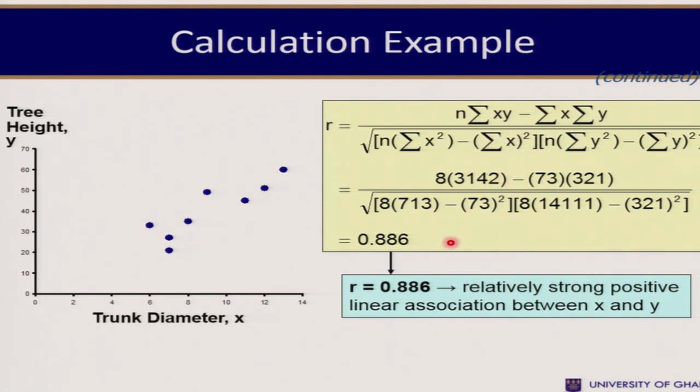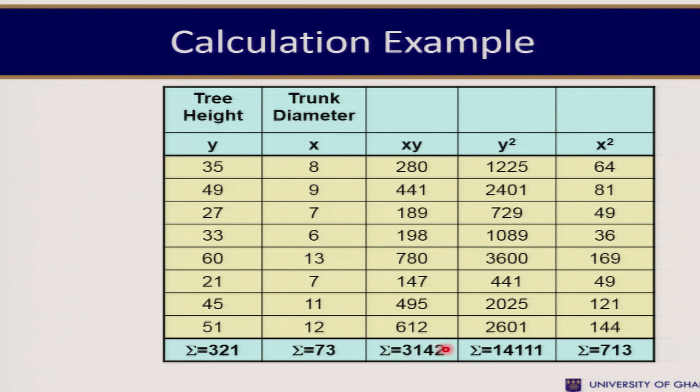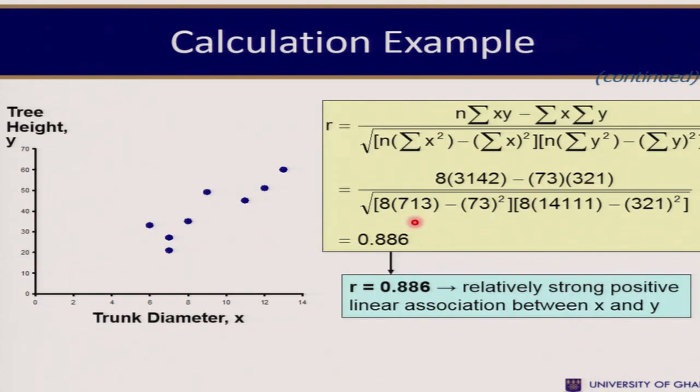You need to take note of sigma x squared and then sigma x all squared. Sigma x all squared will be 73 squared, whereas sigma x squared is 713. So we have that, times 8 times sigma y squared, which is 14,111, minus 321 all squared. This gives us a correlation coefficient of 0.886.